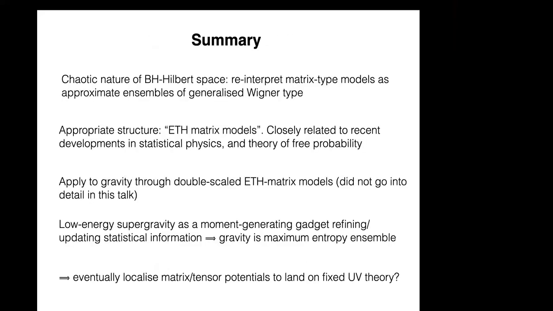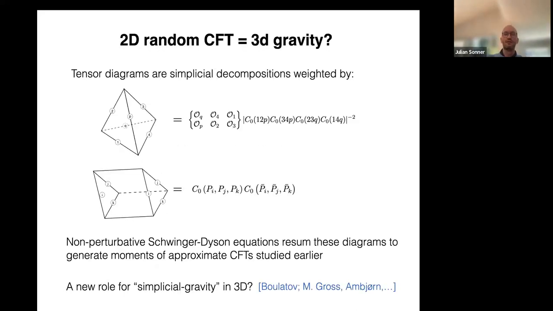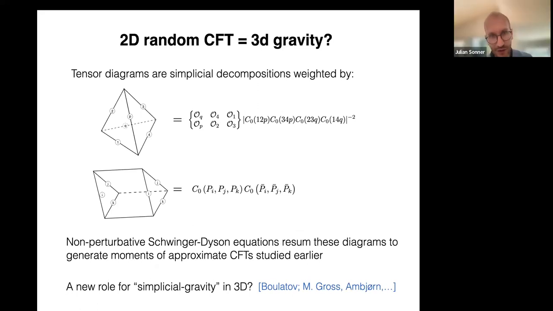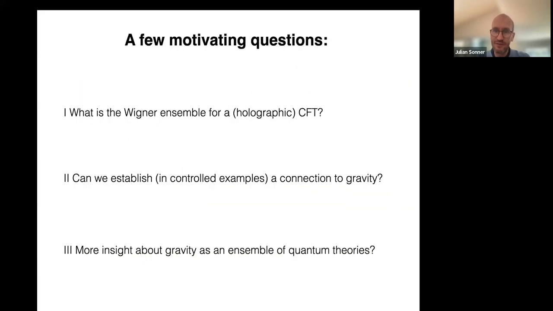Okay, so let me summarize here. When you say that this is 3D gravity, you mean it is 3D gravity in some semi-classical expansion where e to the power minus S is now identified with... or no, this is actually a discrete version of 3-dimensional gravity, because we have not shown how to take the continuum limit yet, right? So these matrices, if you remember, I started out with these matrices.